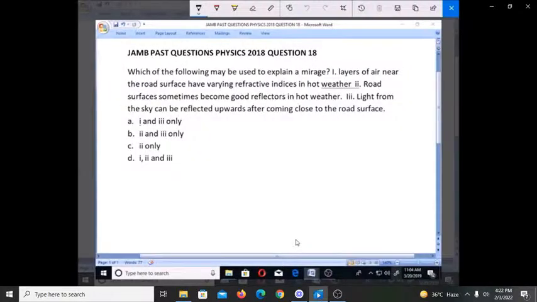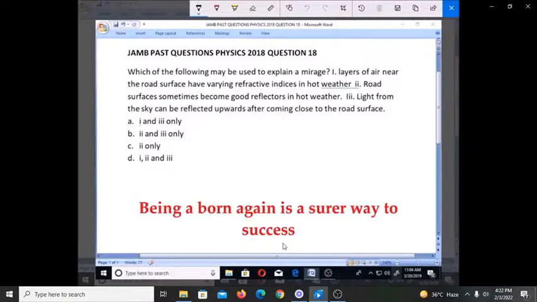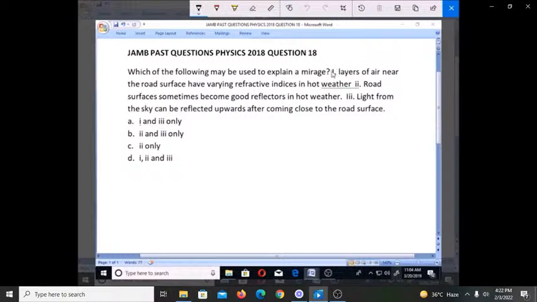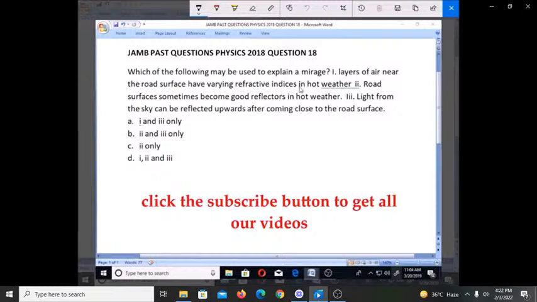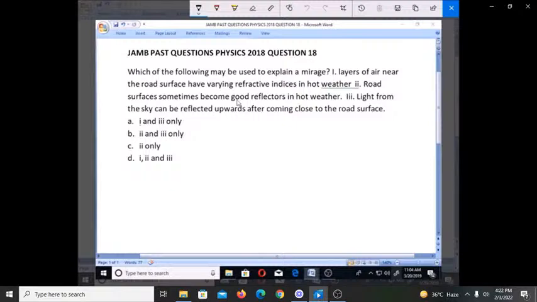Let's look at question number 18 for JAMB Past Question Physics 2018. Which of the following may be used to explain a mirage? I. Layers of air near the road surface have varying refractive indices in hot weather. II. Road surfaces sometimes become good reflectors in hot weather.